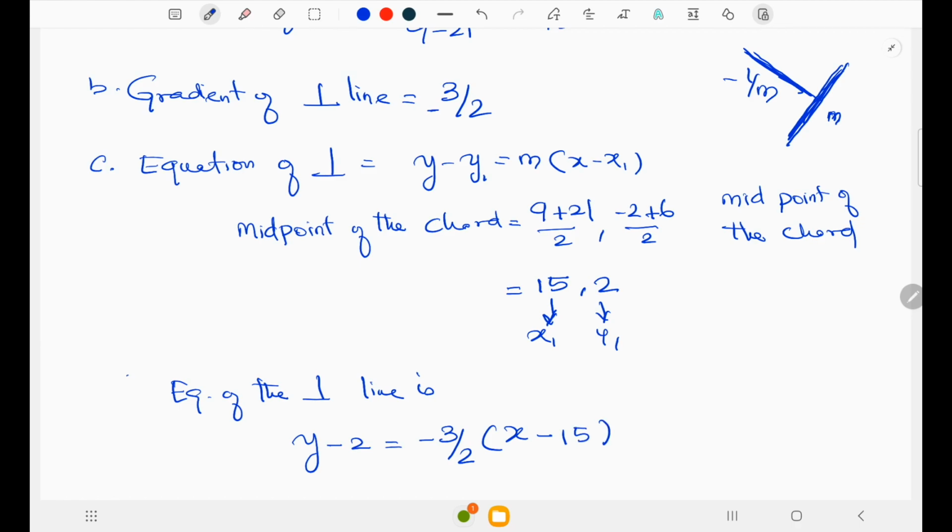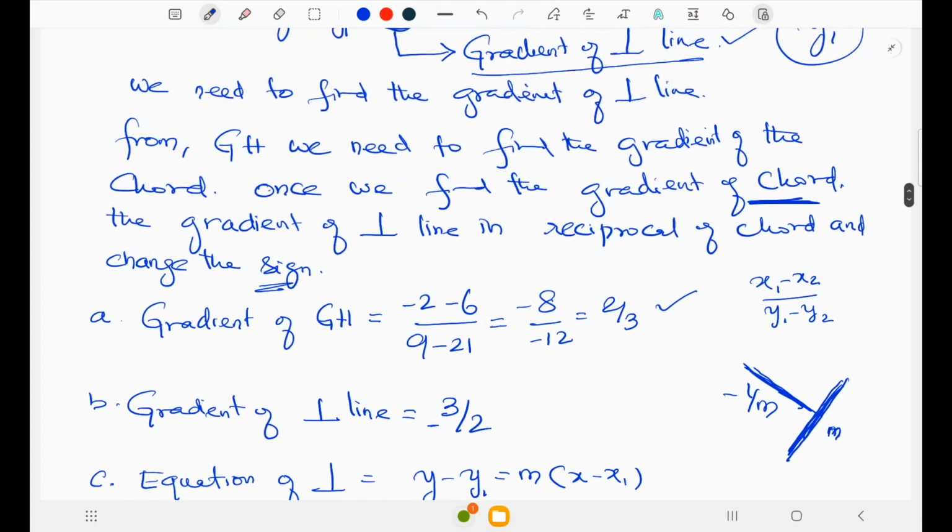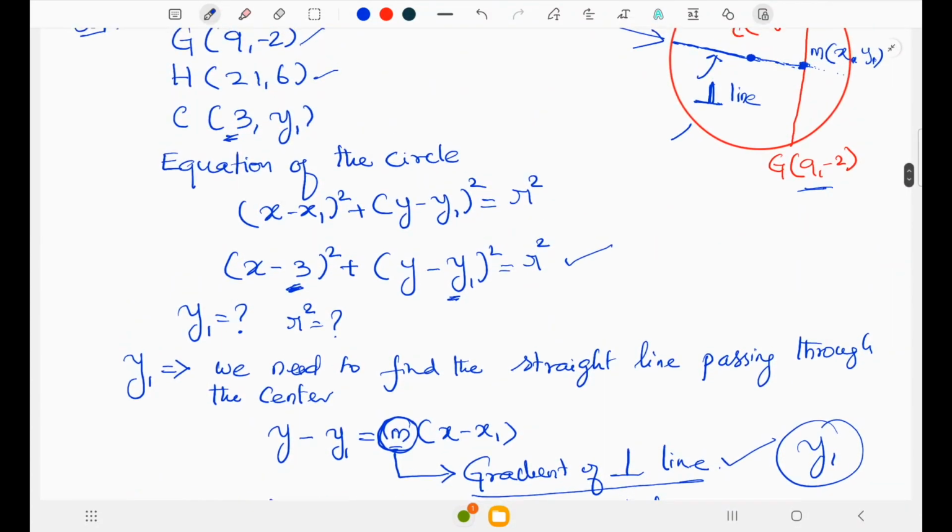Okay, we found this one. Now we need to find the center of the circle. Already we know that the center has only one coordinate.